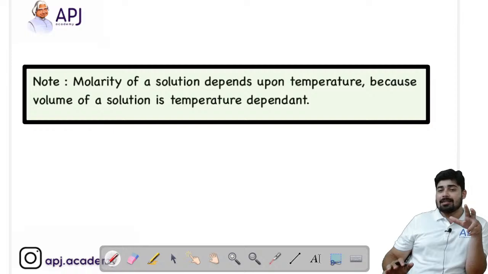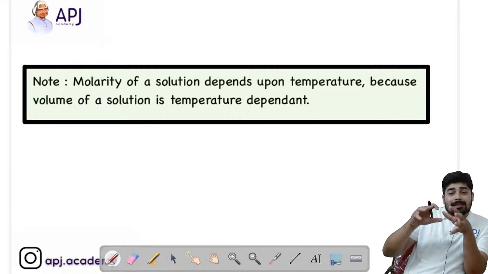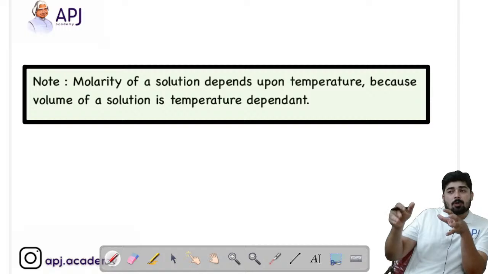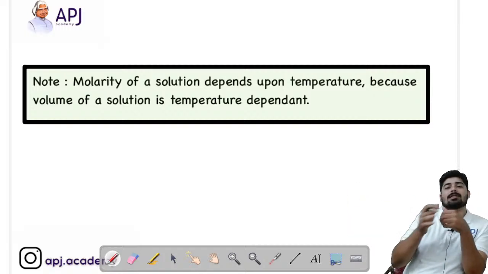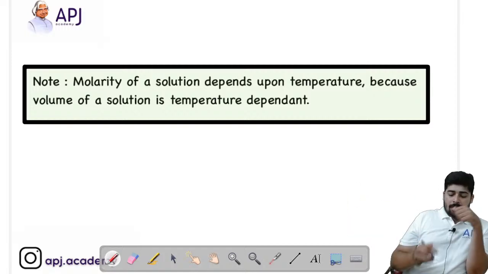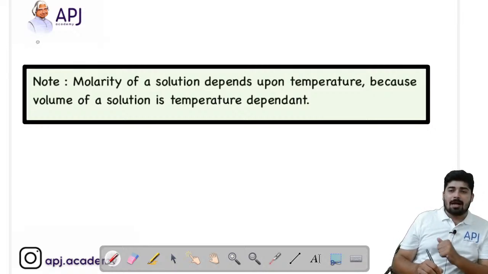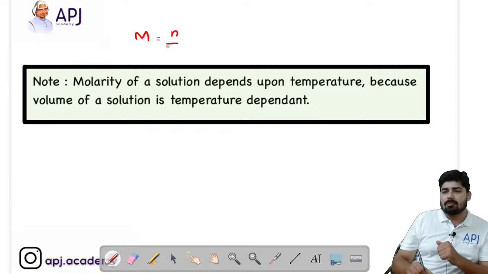You have to understand that molarity depends on temperature. Molarity changes with respect to change in temperature. How is it changing? This is what you have to understand. Come back to the equation. What is the equation for molarity? Molarity is equal to number of moles by volume.